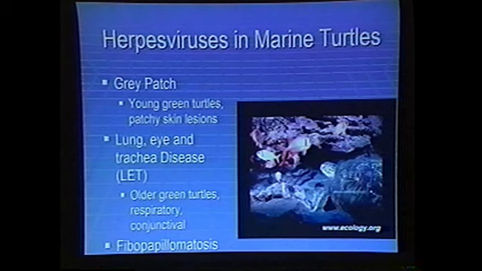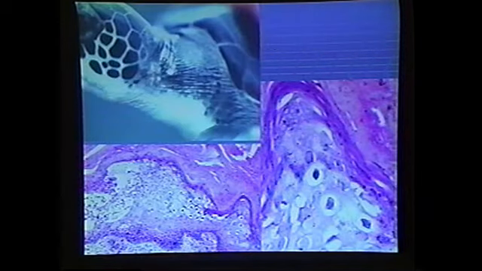Fibropapillomatosis is a devastating disease caused by a herpes virus in sea turtles, predominantly green turtles, but also loggerhead turtles and hawksbill turtles.